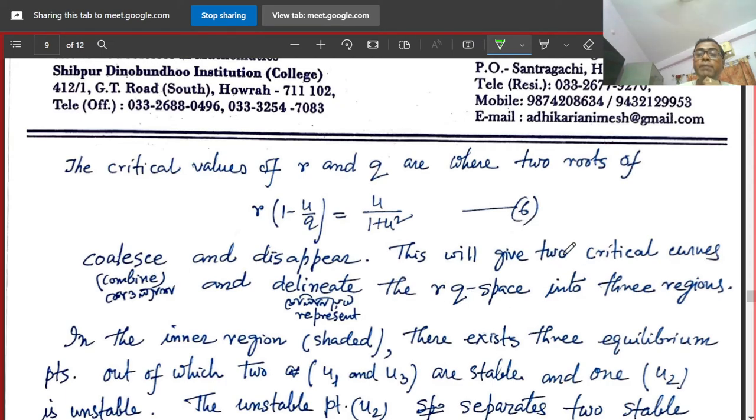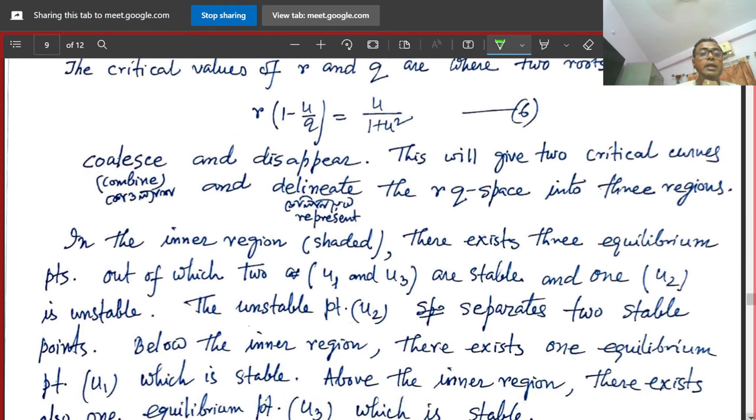This gives two critical curves and delineates, that is, represents, the RQ space in three regions. In the inner shaded region there exist three equilibrium points, out of which two, u1 and u3, are stable and one, u2, is unstable.